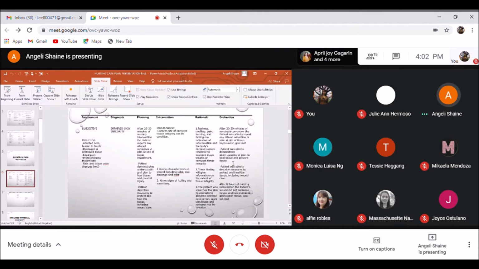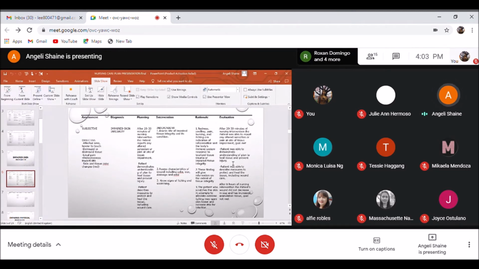Evaluation. After 20 to 30 minutes of nursing intervention, the patient was able to report any altered sensation or pain at site of tissue impairment. Patient was able to demonstrate understanding of plan to heal tissue and prevent injury.